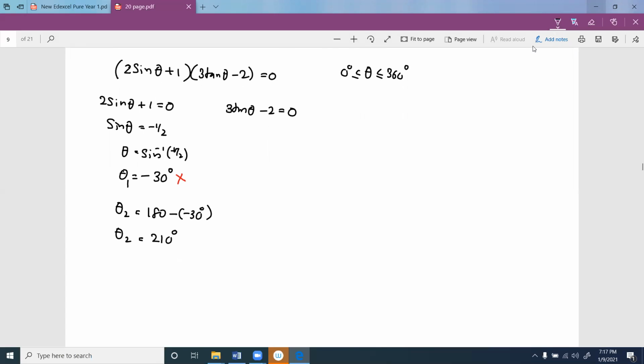The third one is 360 plus minus 30. Because it's a negative angle, it comes to a region where it's applicable. So both answers are within the range, so this is an accepted answer and this one is also an accepted answer.